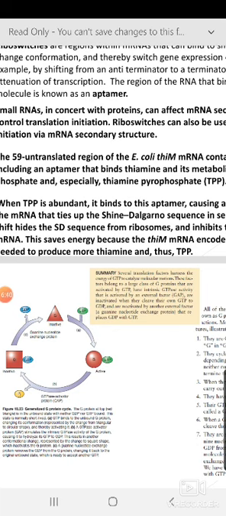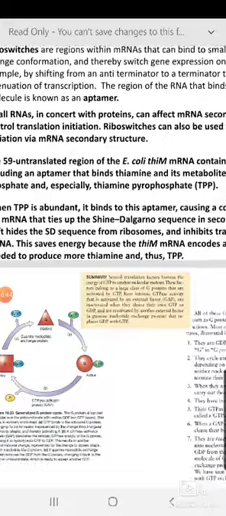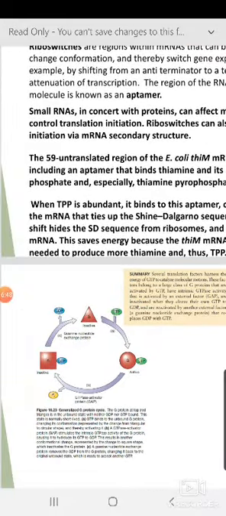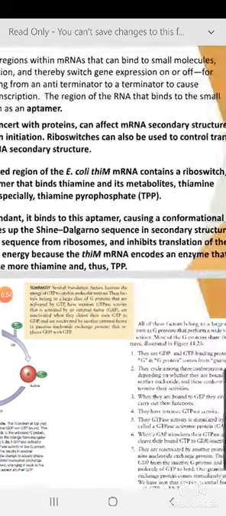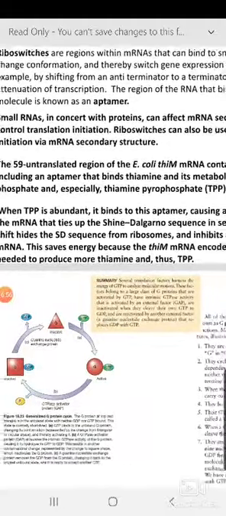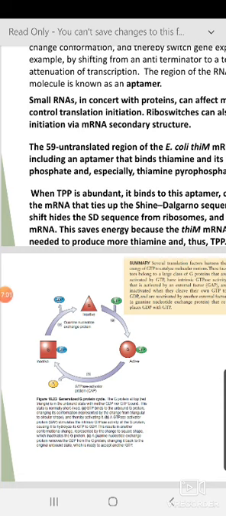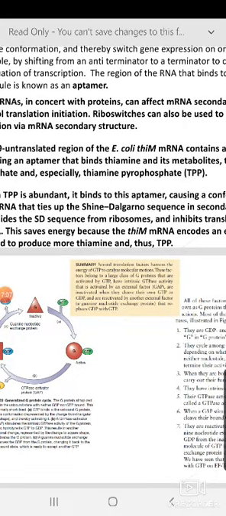So the gene codes for thiamine. The E. coli thiM mRNA contains a riboswitch within that sequence, including an aptamer. Aptamer means a sequence where another molecule can come and bind. Which molecule? That is thiamine pyrophosphate, or TPP, which can come and bind. Now, when TPP is abundant, meaning more in number, it binds to this aptamer. That means it controls its own synthesis.